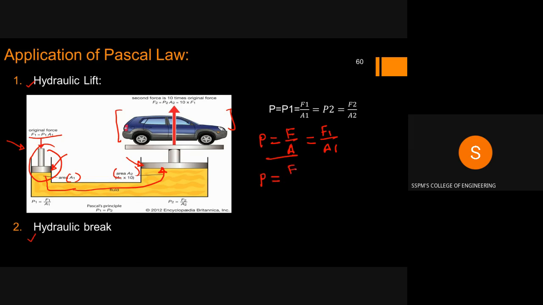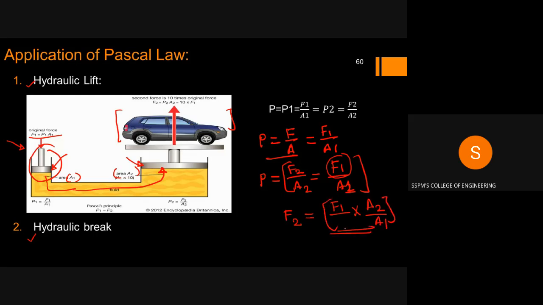So P is equal to F2 divided by A2. So we can equate these two equations. And from this, if one force is given, which is the smaller force, we can find out the value of the second force. So F2 we can find out as F1 into A2 divided by A1. So remember this equation for Pascal's law.